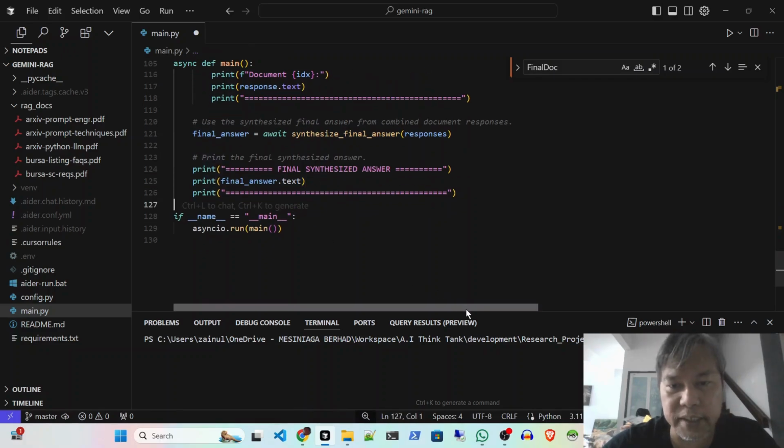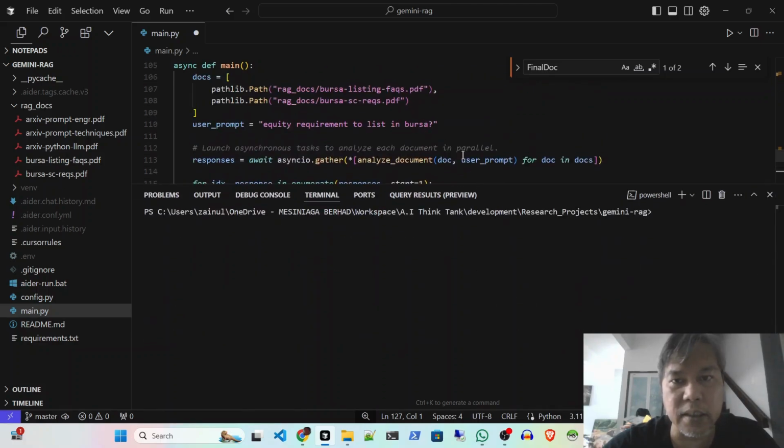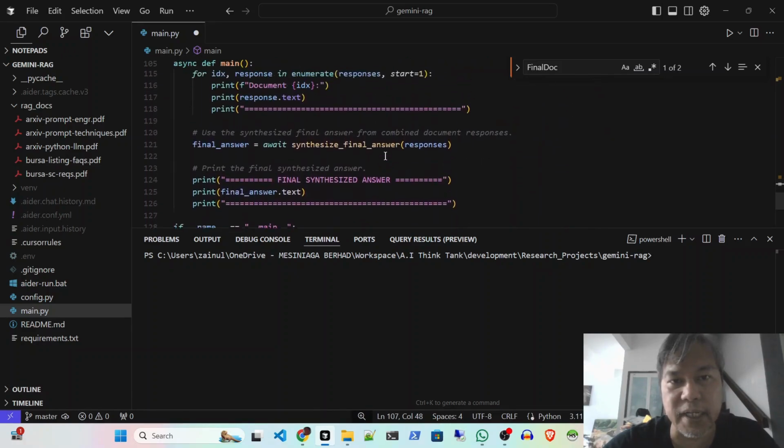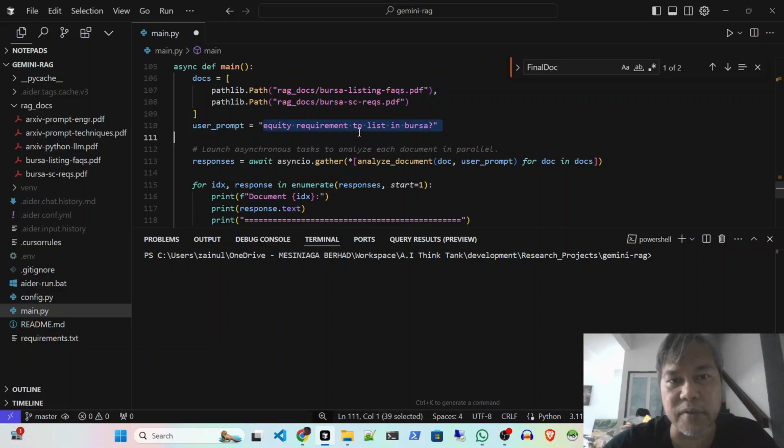Right, so let's run this and look at how it runs. Basically, I'm using Bursa Malaysia documents. One is the Securities Commission requirements, and another one is an FAQ. My question is about what the equity requirement is to list your company on Bursa.